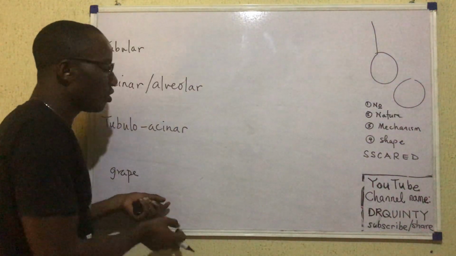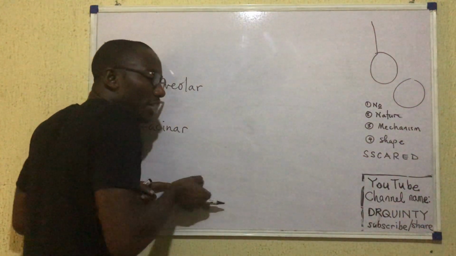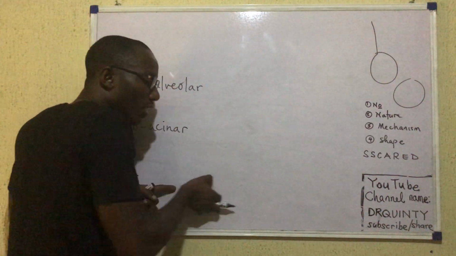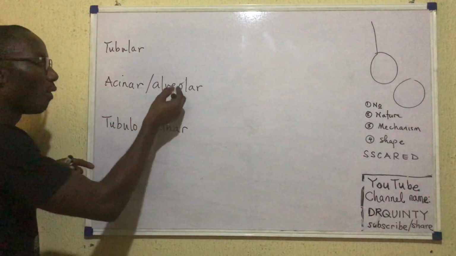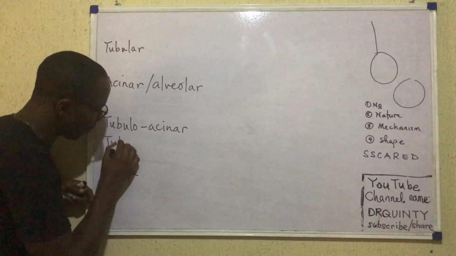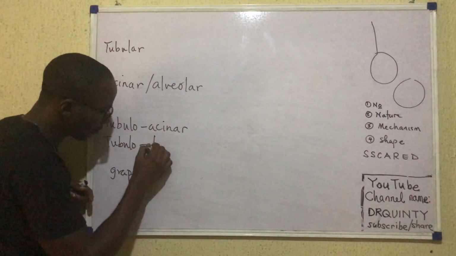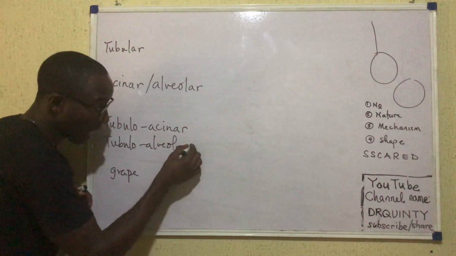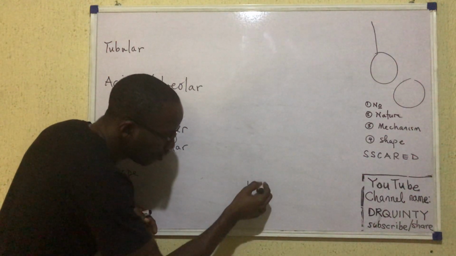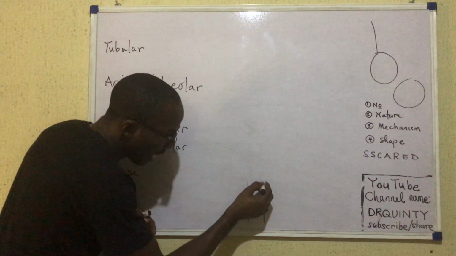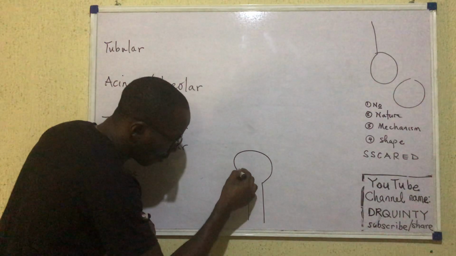Instead, the secretory unit is usually like a tube. It is elongated. And then tubuloacinar, which you may also call tubuloalveolar, are those ones that have a tubular portion as well as an acinar portion.